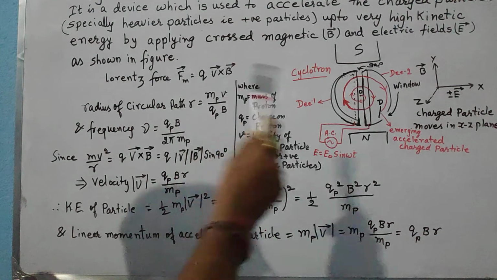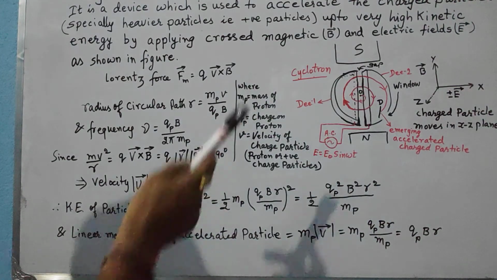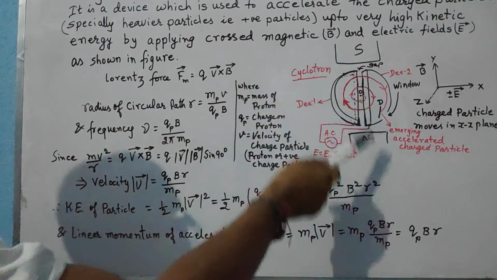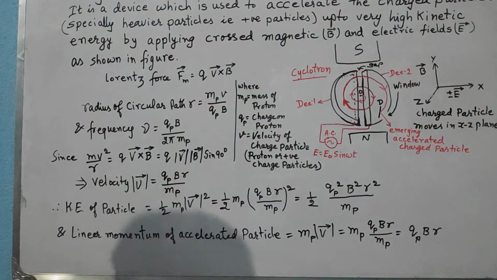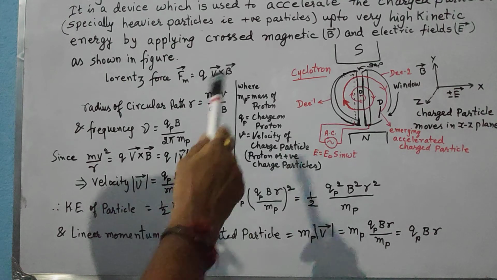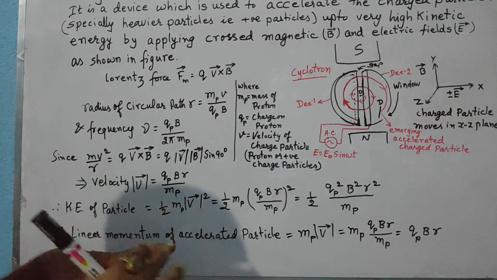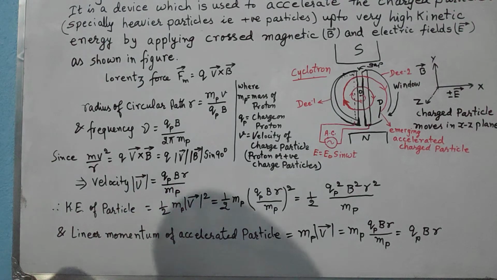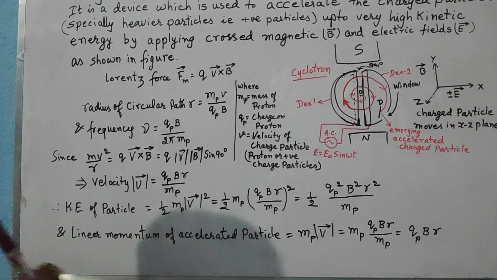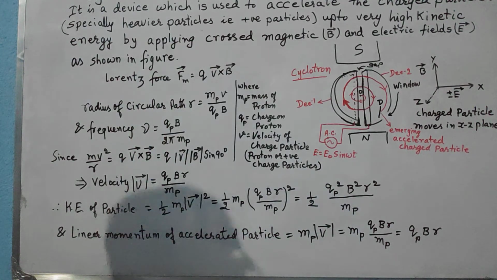Once you start increasing the velocity of the charged particle, what happens? The relativistic mass of the charged particle increases. It becomes so large that you can no longer accelerate it, because the mass becomes nearly infinite. Even if the charged particle is given energy, we are not able to accelerate it, because the mass is greater.